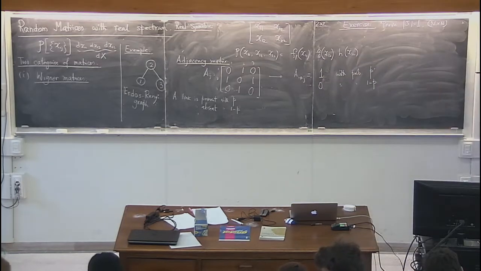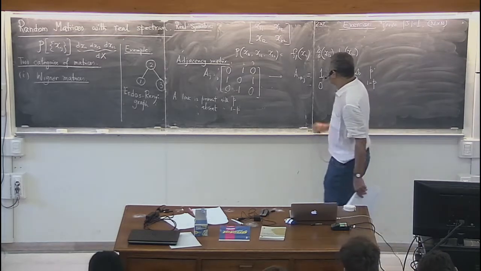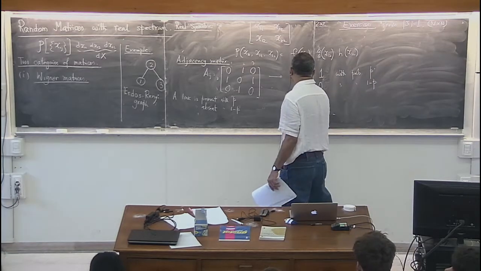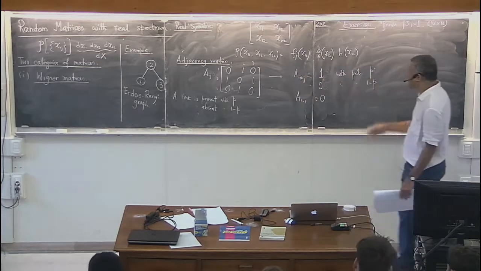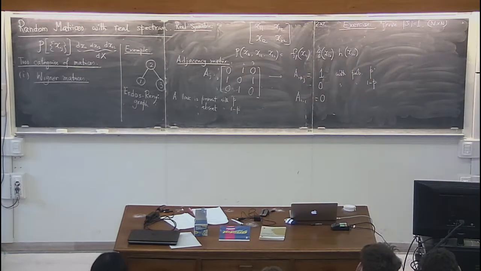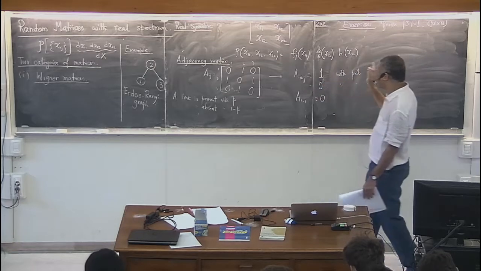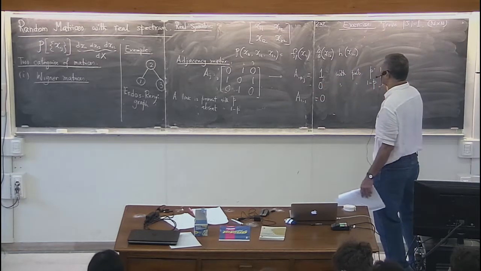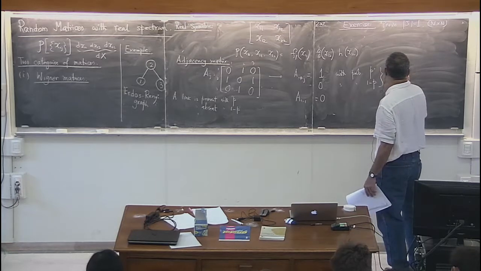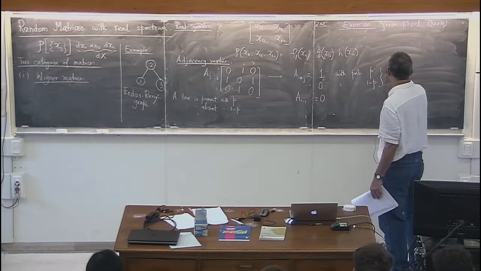And they are independent, because in the Erdős-Rényi graph each link is independent. And the diagonal element, of course, remains 0.